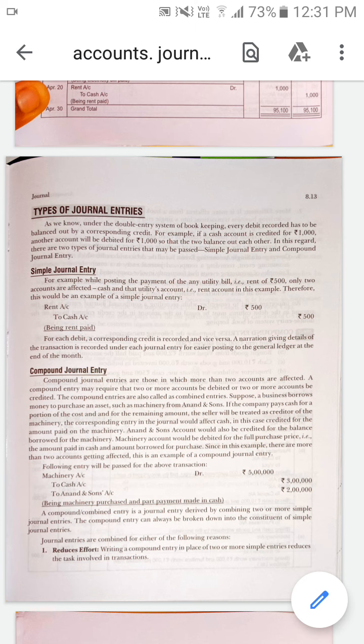See that a business is borrowing money to purchase an asset such as machinery from Anand and Sons. The company pays cash for a portion of the cost, and for the remaining amount the seller will be treated as the creditor of the machinery.